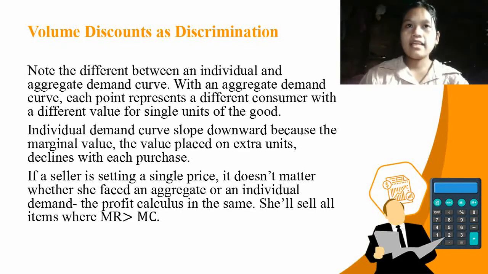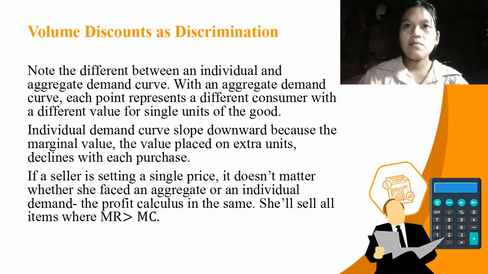Volume discount as discrimination. So far, we've been discussing ways of price discriminating between different customers, that is, setting different prices to different people or groups of people. Here, we consider the case of a single customer who demands more than one unit of a good.